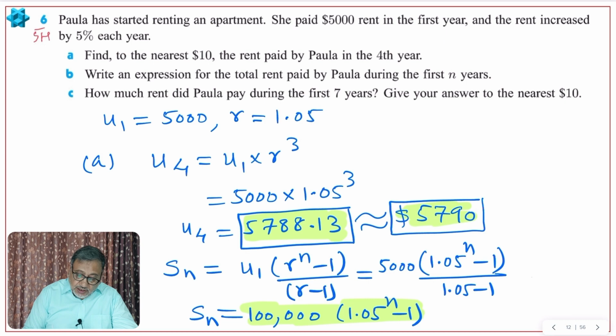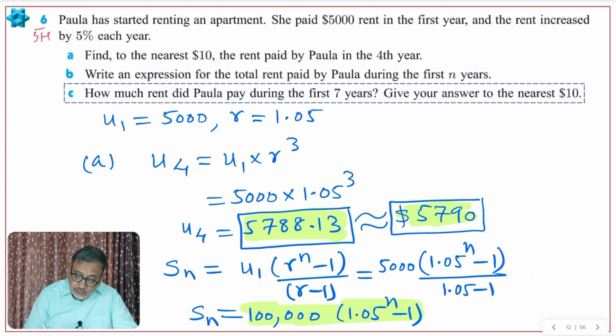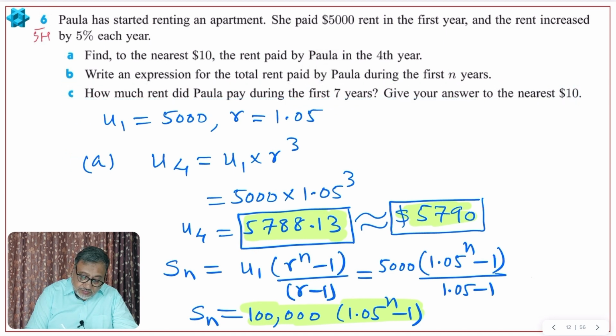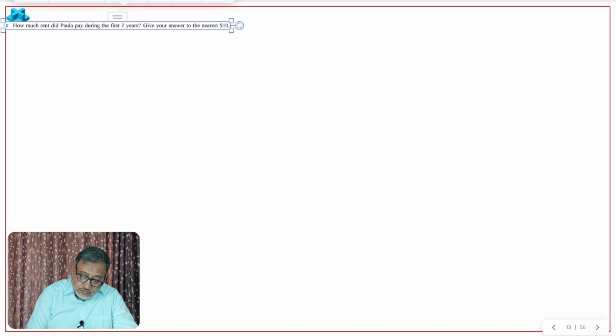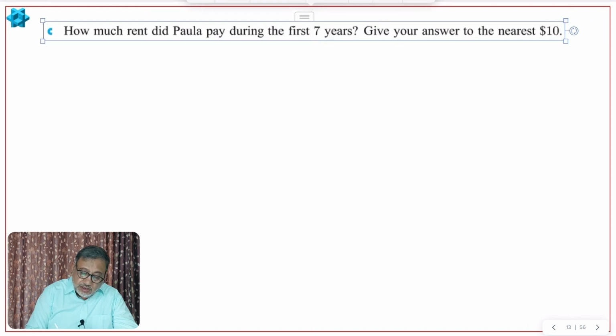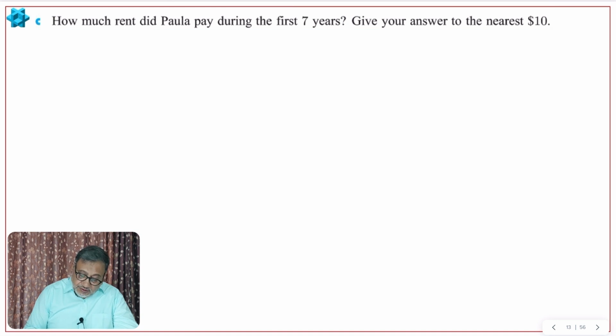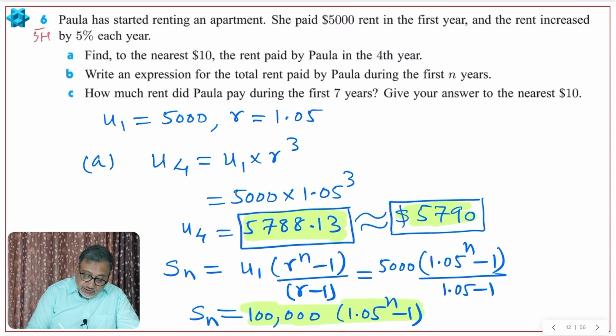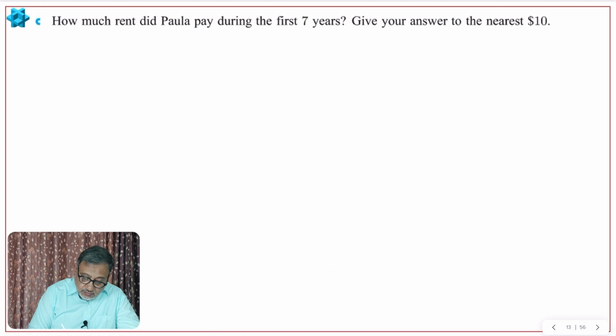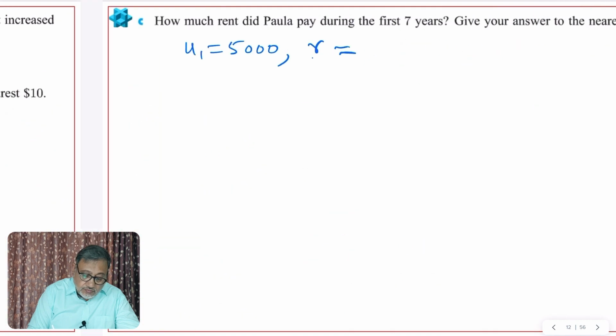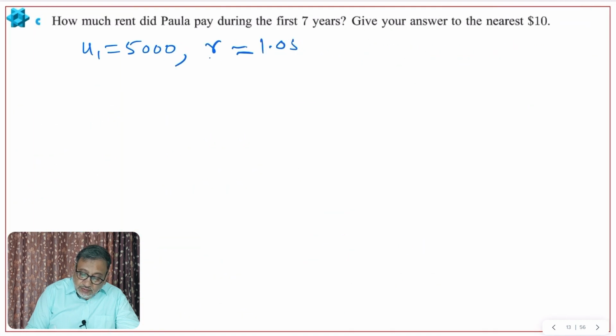Then C part, let me copy it for C. Okay. Yeah. So what we have? U1 is 5,000. R is 1.05. And what we have to find?